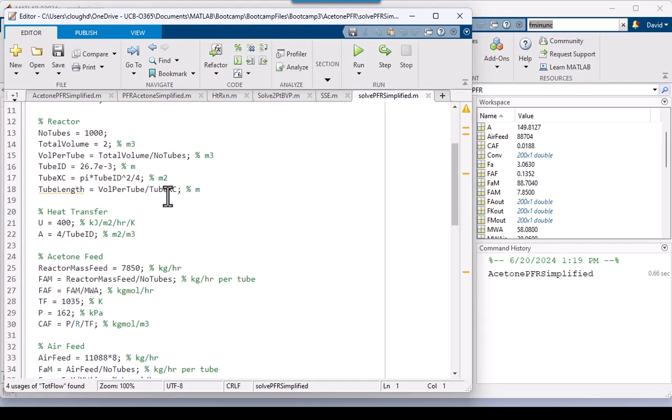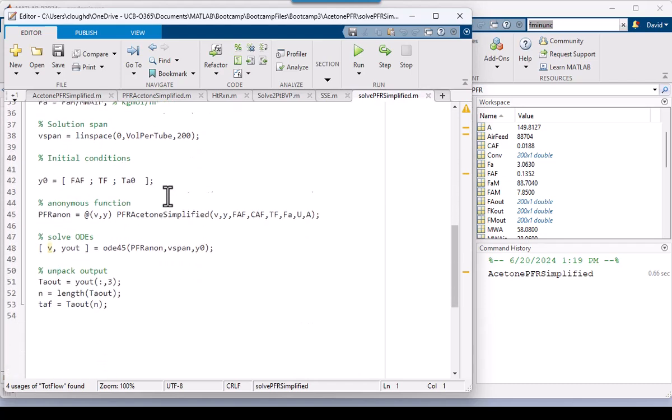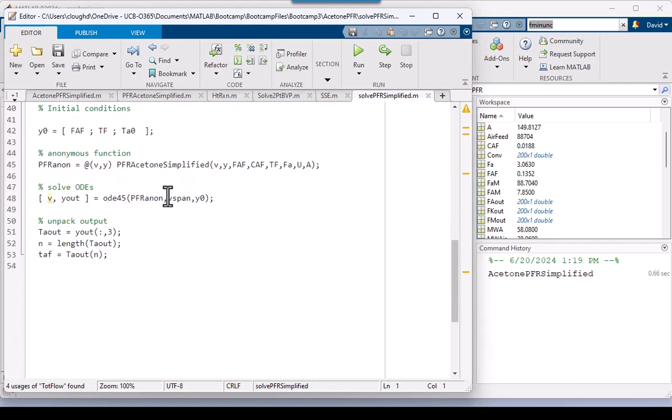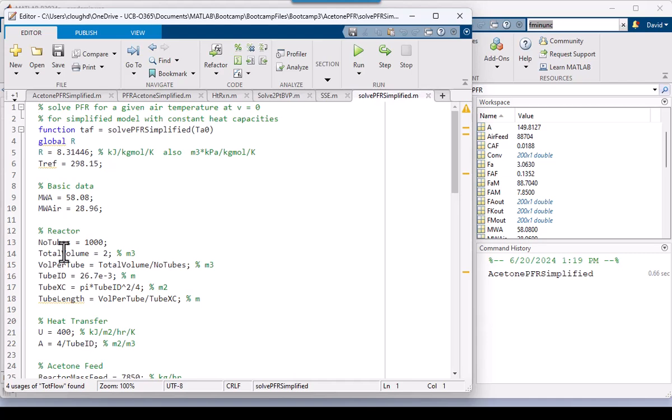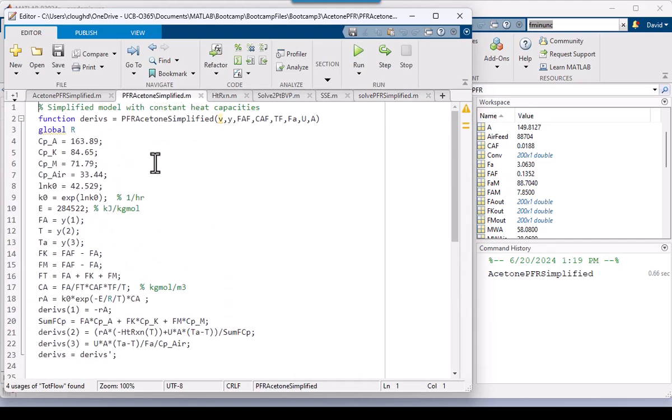It goes through the same type of specifications that we had before, all right? And then instead of all the plots and everything, it just comes along and determines the final value of TA out to return, all right? So that's what that does. And in solving it, it is solving PFR acetone simplified, all right, which is the same routine that we used before.